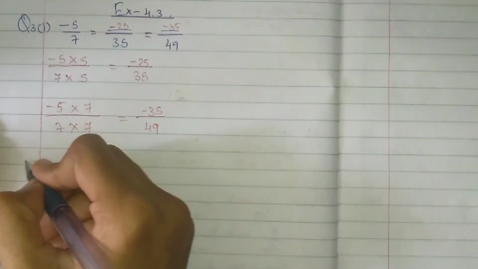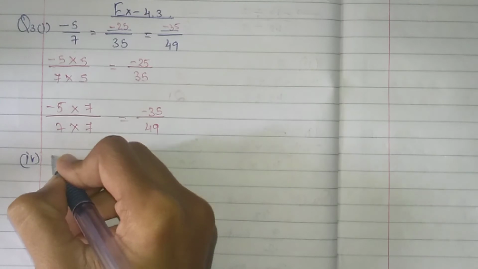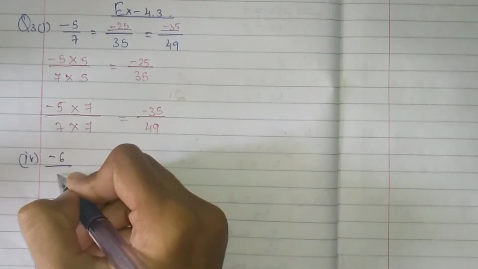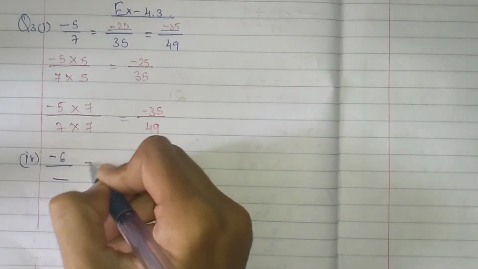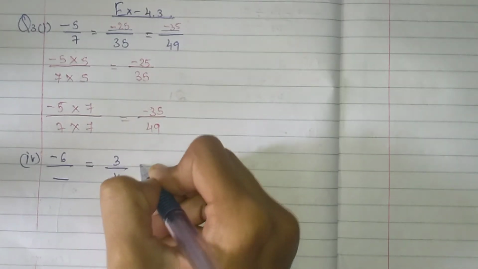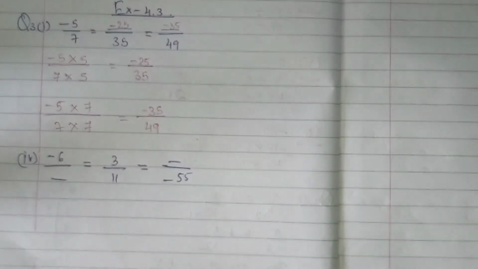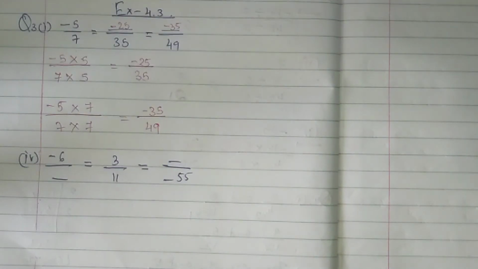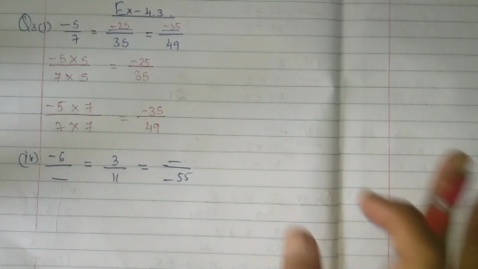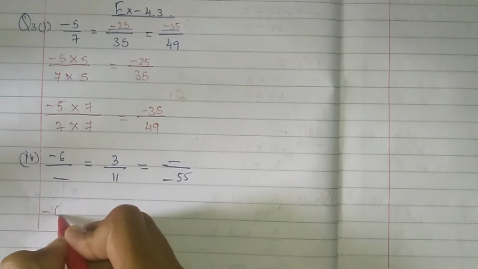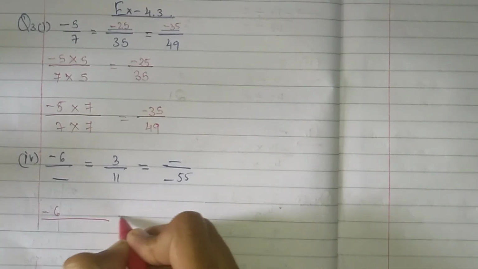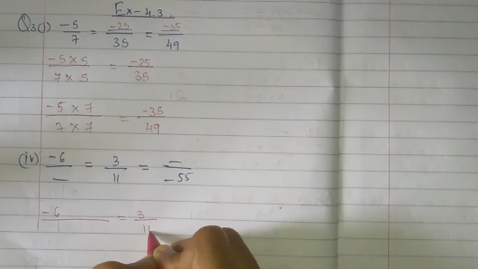Now we'll see the fourth one, that is minus 6 upon dash equal to 3 upon 11 equal to dash upon minus 55. This we have to find out. Here minus 6 upon dash is equal to 3 upon 11.